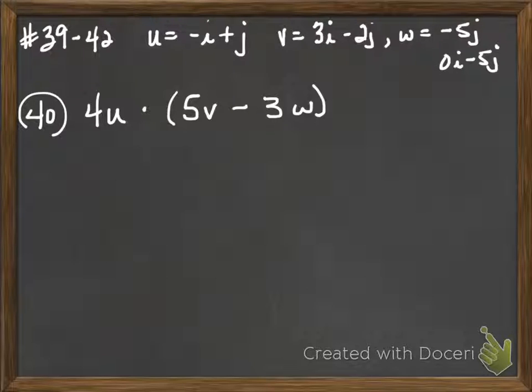So you're going to do what's inside the parentheses first, and you've got to multiply by the 5 and the 3 before you can subtract. So you could go ahead and do your 4u. That'd be negative 4i plus 4j.